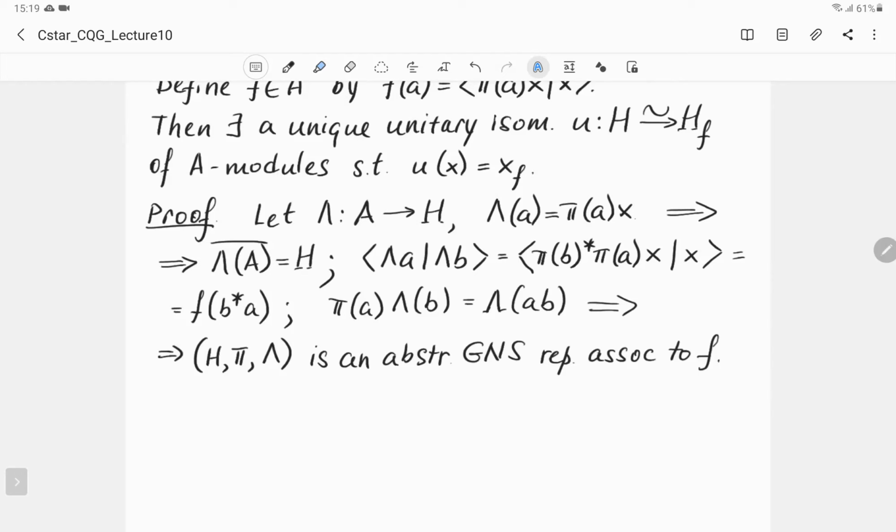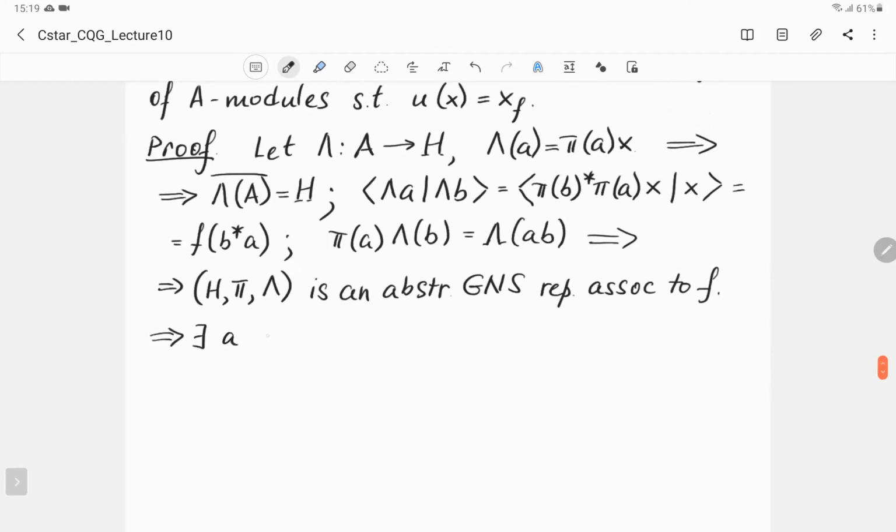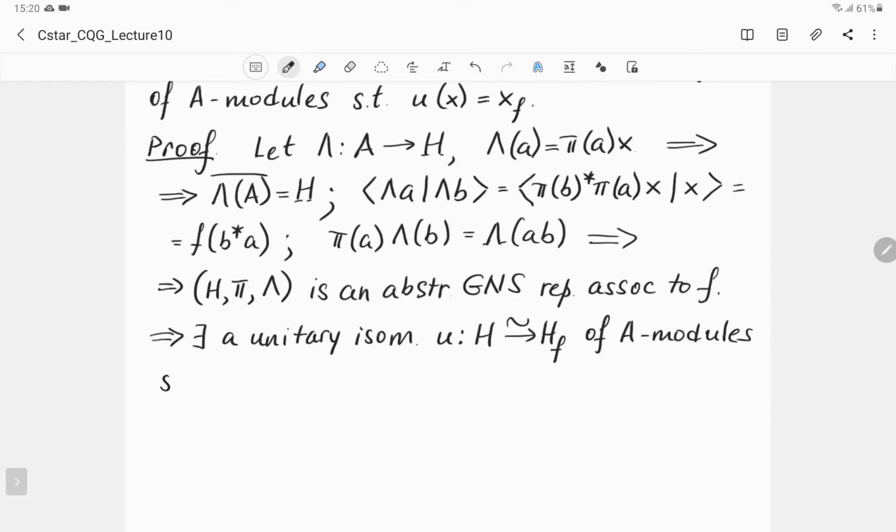And we proved some time ago that such a representation is essentially unique in the sense that there exists a unitary isomorphism U from H to H_f, a unitary isomorphism of A modules, such that U composed with lambda gives us lambda_f.